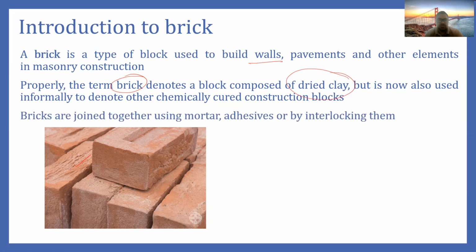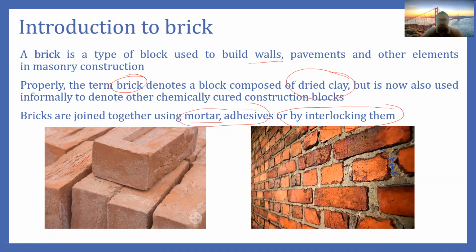As I discussed earlier, bricks are joined together with adhesive or mortar, or sometimes they can be stacked in the dry form, which is known as dry stacked. But majorly to construct a building, we generally use mortar as an adhesive or binding material to join these units.